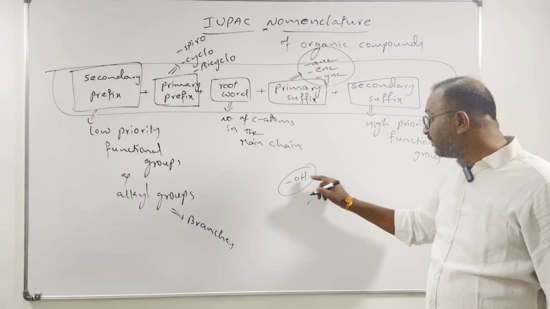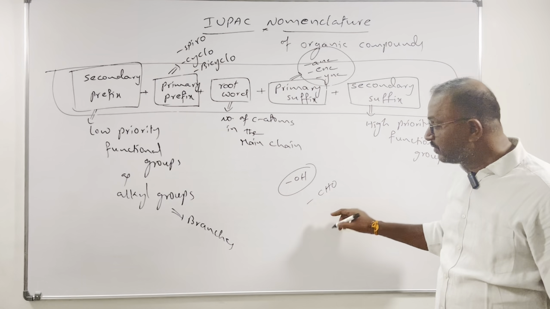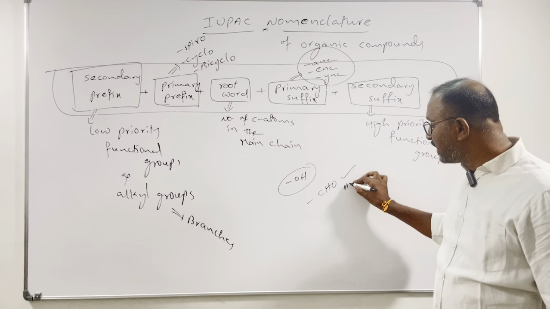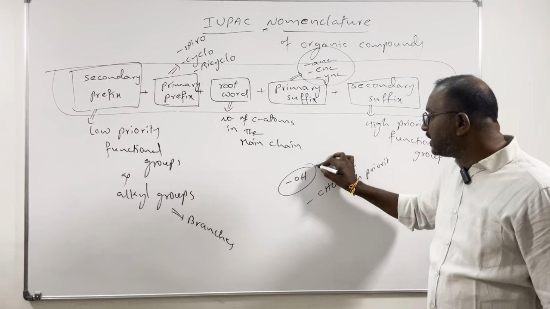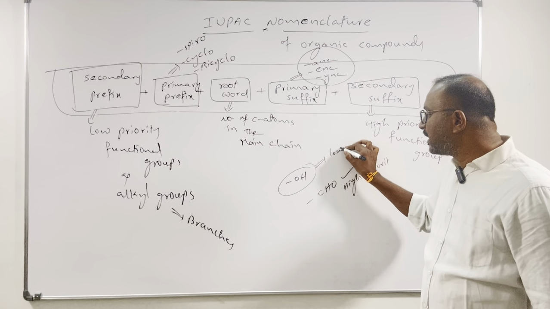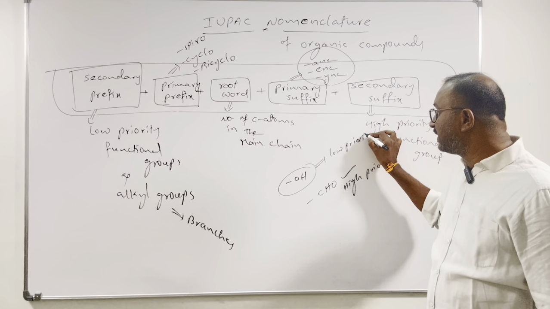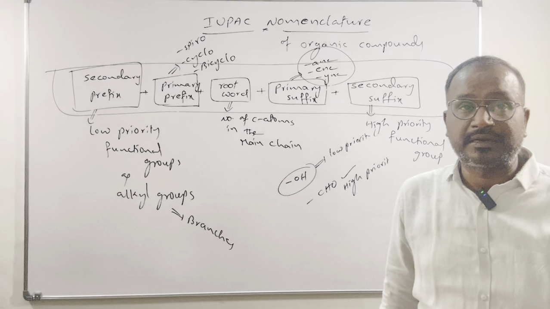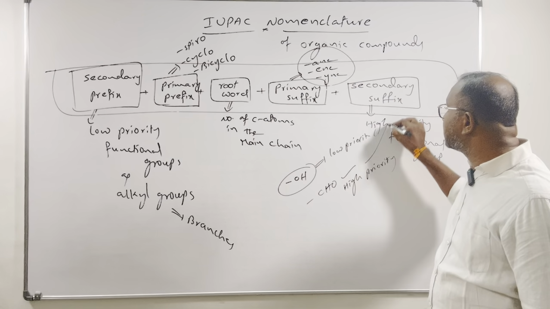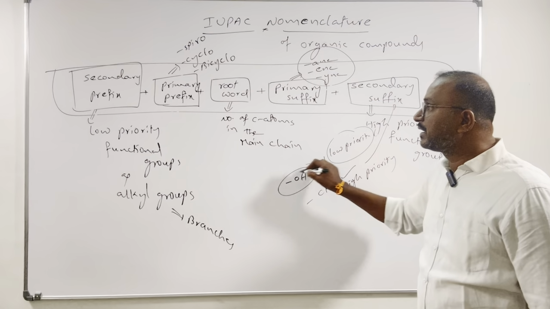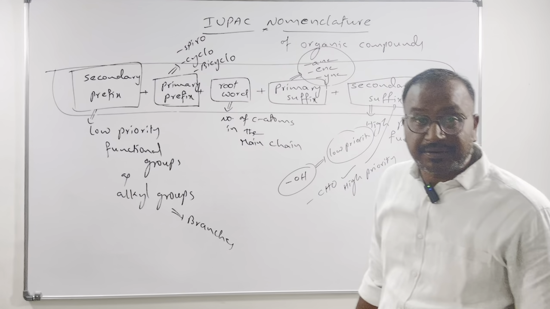So if these two are there in an organic compound, one comes under high priority and the other under low priority. Like this, if more than one functional group is there, the functional group which has high priority comes under secondary suffix and the low priority one comes under secondary prefix.